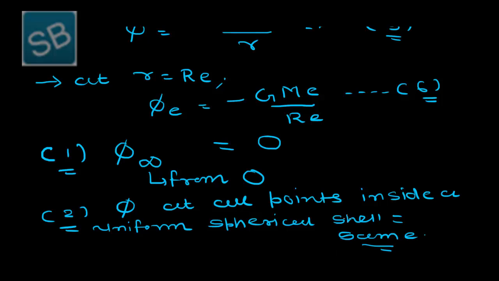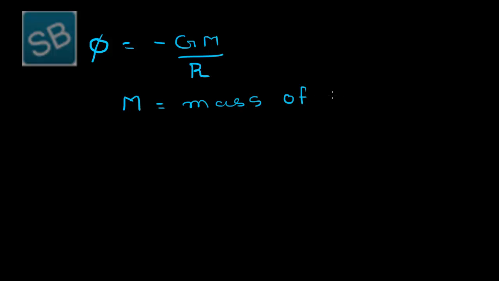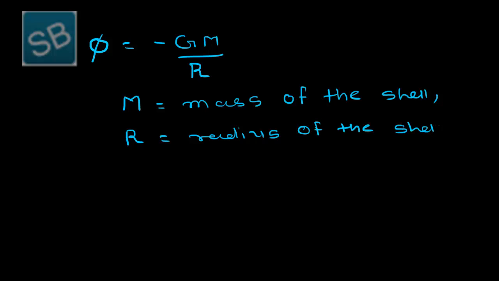And for proof of this particular statement, the value of phi will be equal to minus GM over capital R, where M is the mass of the shell and capital R is the radius of the shell. So these two are the main important quantities which appear in this equation.